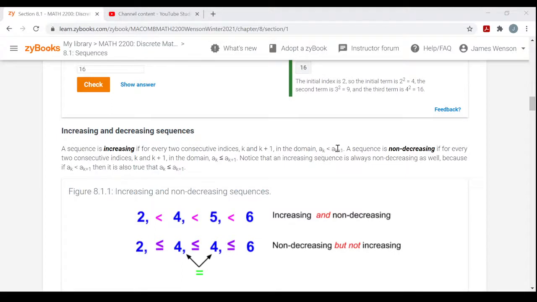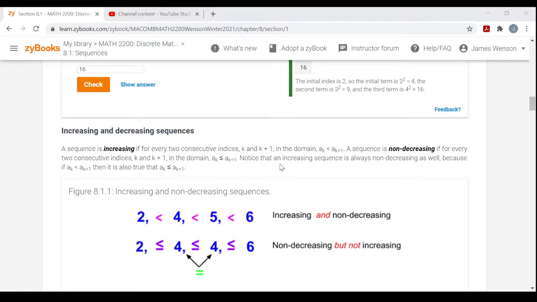So basically every term is bigger than the term before it. Sequence is increasing. A sequence is non-decreasing if for every 2 consecutive indices k and k plus 1 in the domain, ak is less than or equal to ak plus 1. So that means every term is bigger than the one before it or the same, but not less. Right, that's a non-decreasing. It's always going up somehow or staying level.